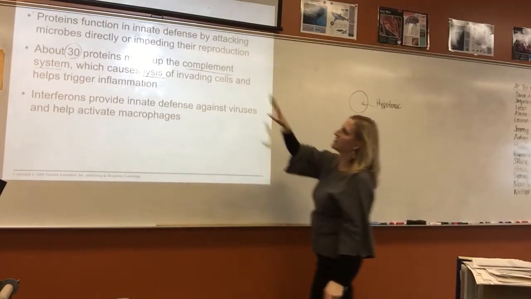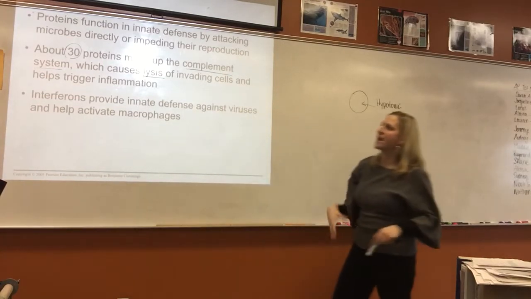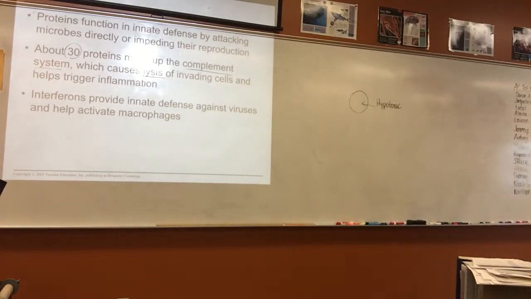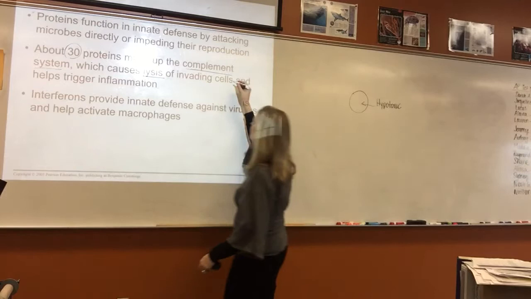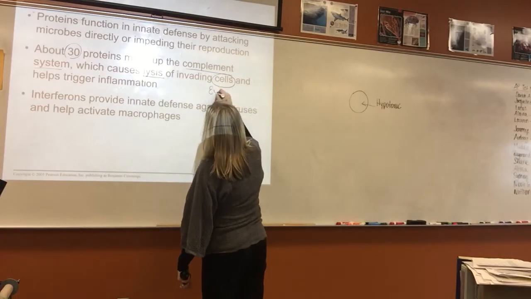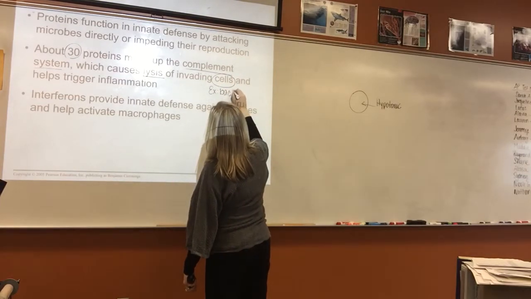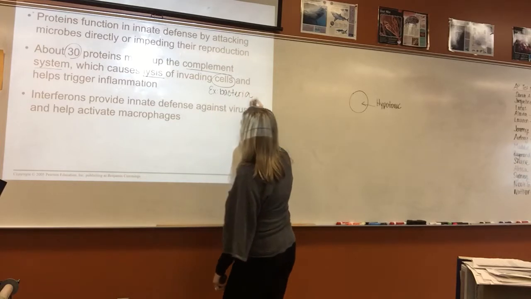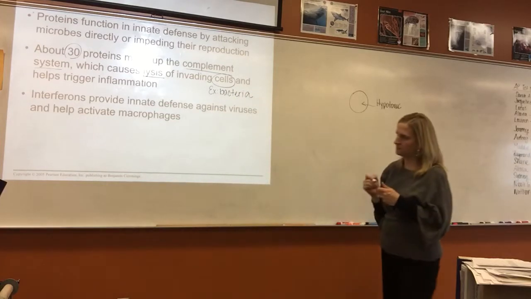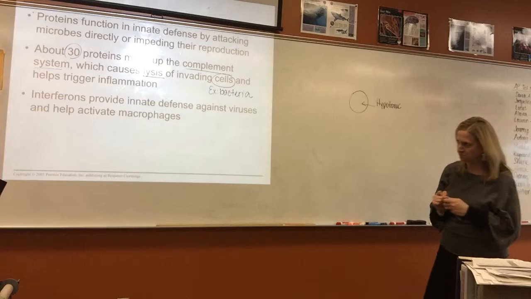And so that's what this complement system does: some of our cells in our body produce these proteins that actually destroy invading cells. The key here is the word cells. I'm going to put here an example, bacteria. And help trigger inflammation.